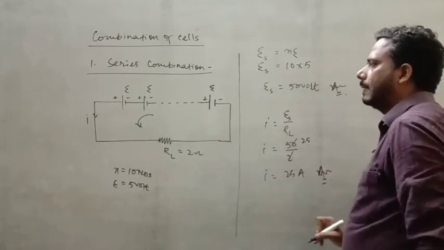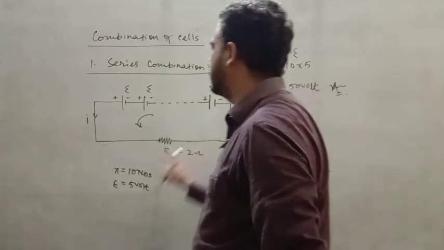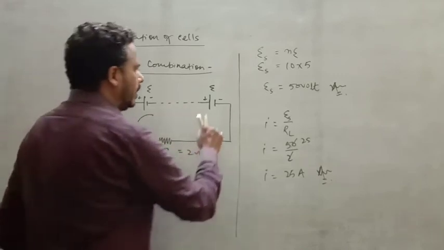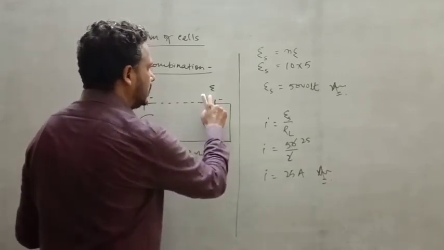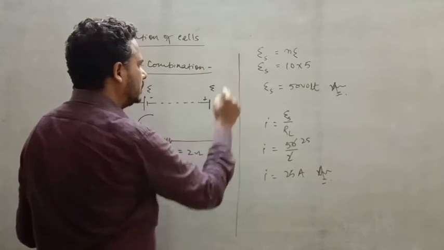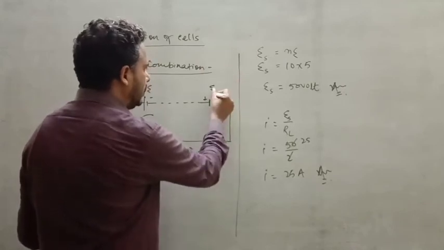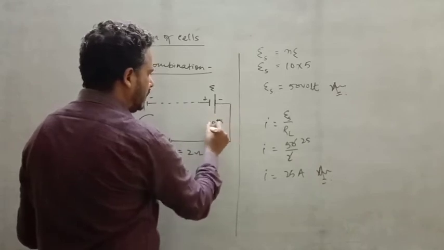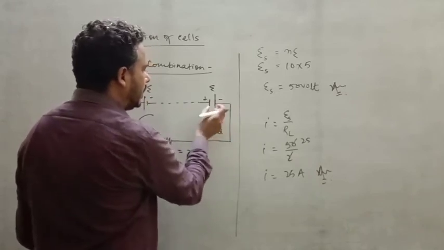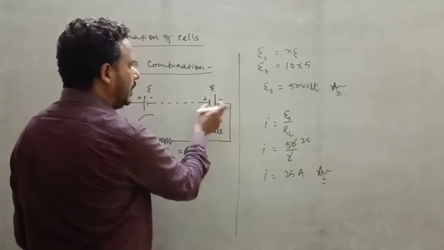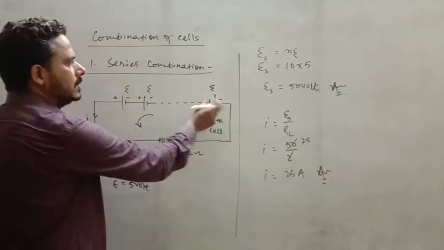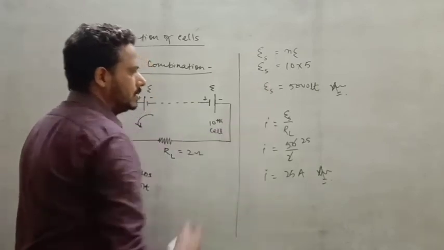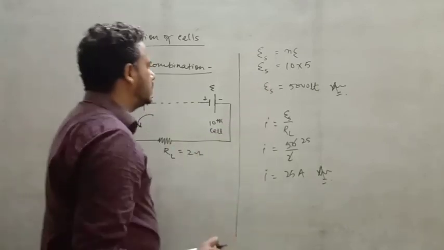Now I want to modify this combination. Suppose the last one, that is the 10th cell, is connected opposite in its terminals, that is, inverted. How much will the result be? This is very simple.